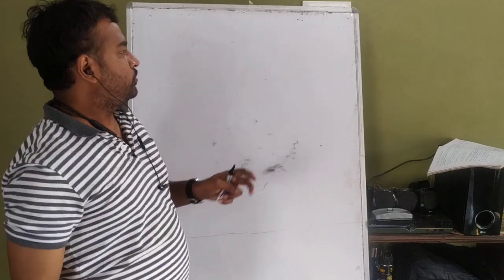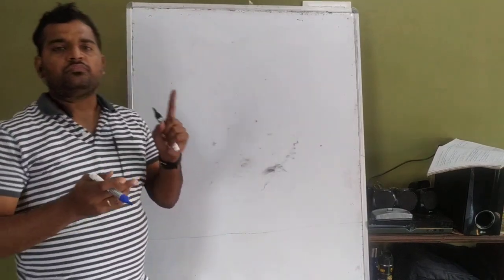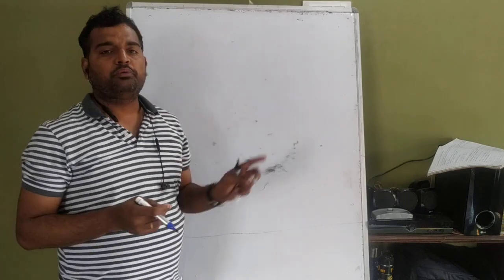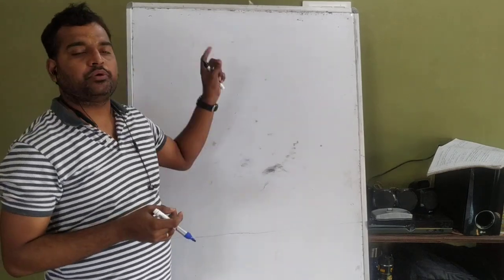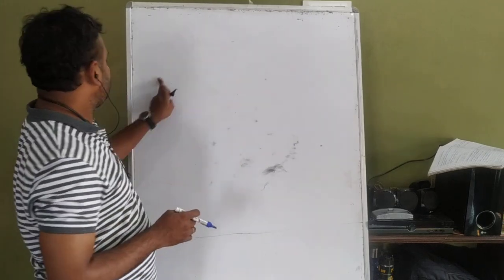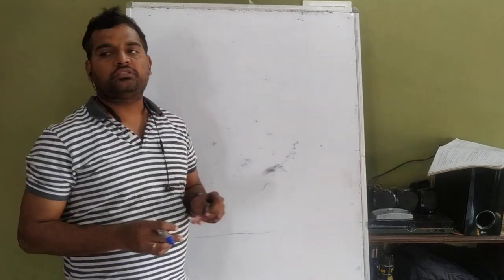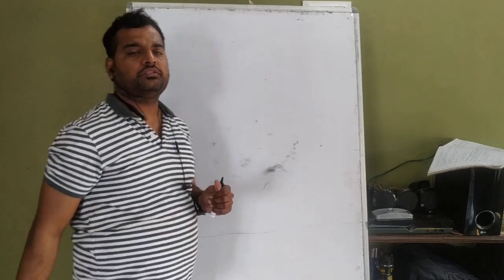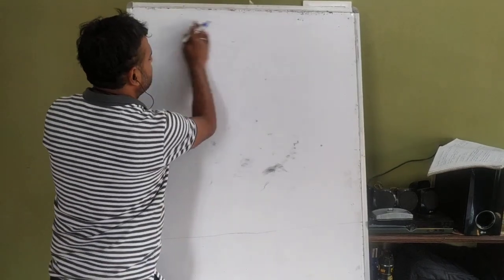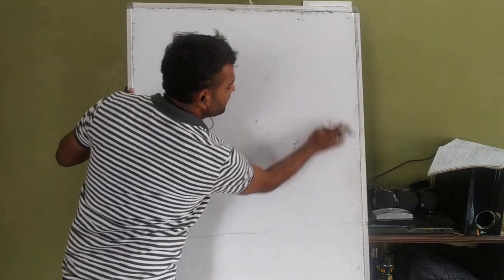Today we have discussed the product of two matrices, the properties of multiplication and the properties of the transpose. One quick revision: two matrices can be multiplied if the columns of the first matrix equal the rows of the second matrix.